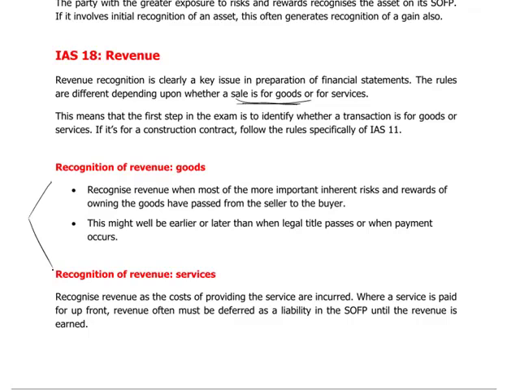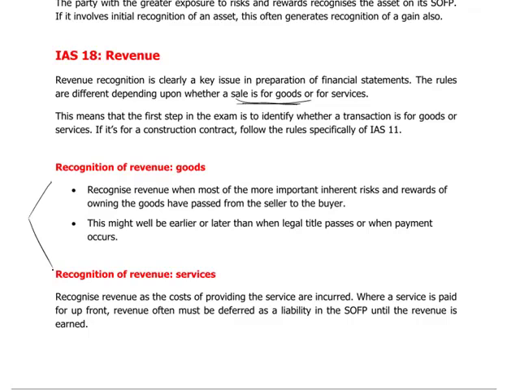You will argue that for December, even if you issued the documents, that's a legal form. You already see the concept of substance over form taken over in this particular standard, saying, look at the commercial nature. Where are the risks? Well, the risks will be with you until mid-January, when the buyer gets their hands on the goods and therefore takes all the risks and rewards of those goods.